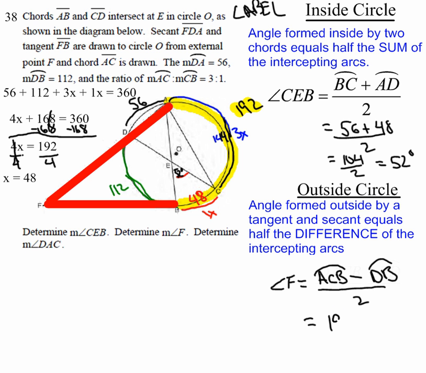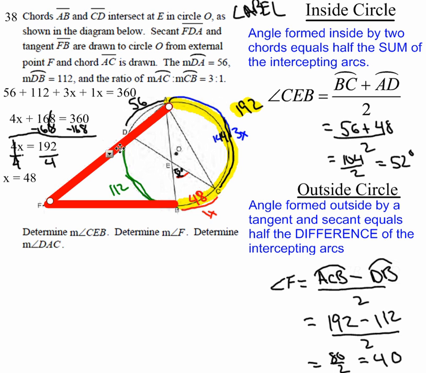Arc ACB was 192 minus arc DB, that's 112. 192 take away 112 is 80. 80 divided by 2 is 40. So angle F is 40 degrees.